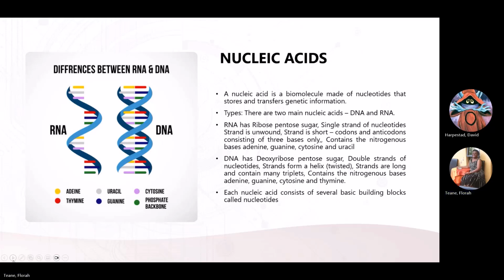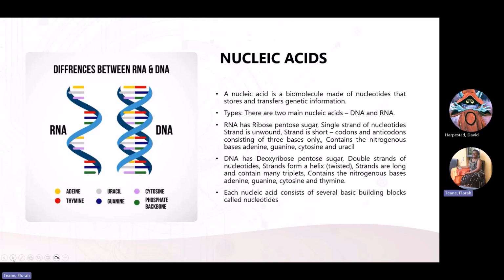Look on your left-hand side, we have two diagrams that show RNA and DNA. Automatically, you can see that one of the nucleic acids has one strand and the other has two strands. The one with one strand is RNA, and the one with double strands, or a double helix, is the DNA molecule.